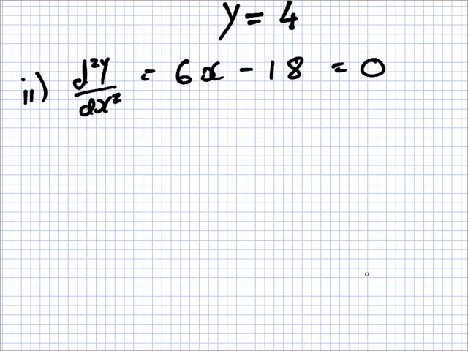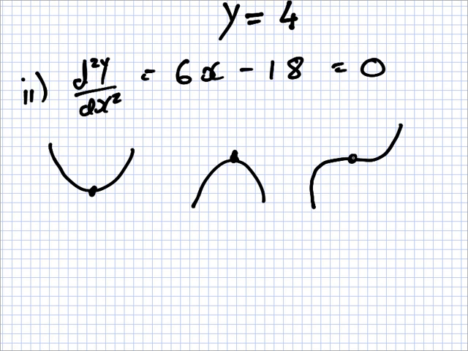You have 3 situations. It could be like this, a minimum stationary point, or like this, a maximum stationary point. It could be like this, a rising inflection point, or a descending inflection point.